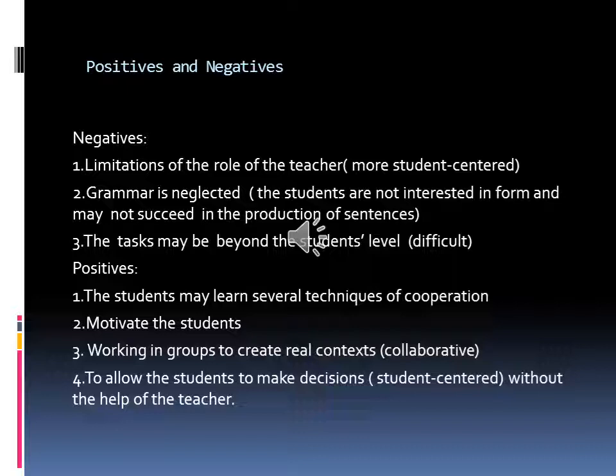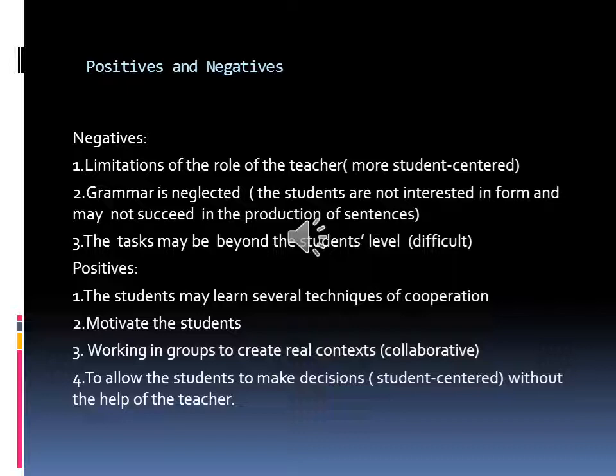Cooperation: arrange students in groups and assign tasks. Motivate the students, working in groups to create real context, collaborative. Okay, so here to help. I think that number 3 and number 1 are a little bit the same. So to learn several techniques of cooperation.